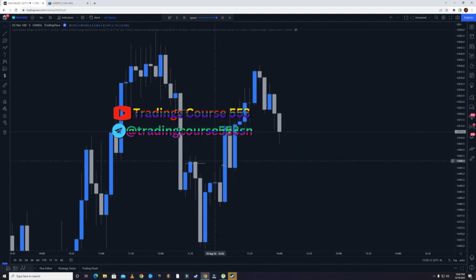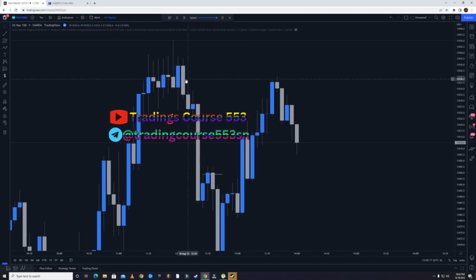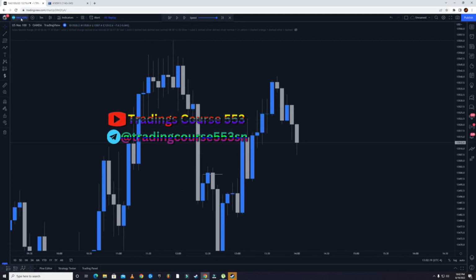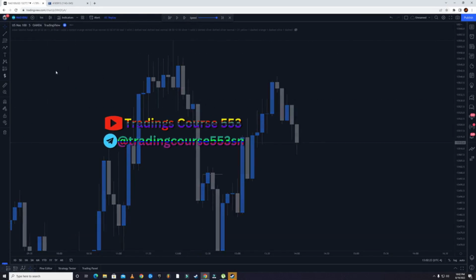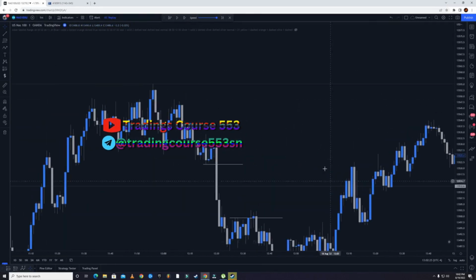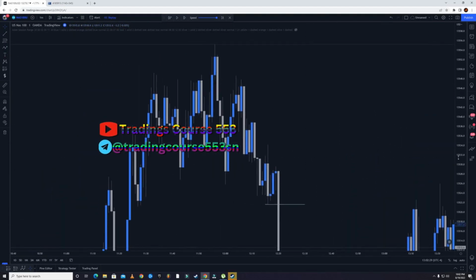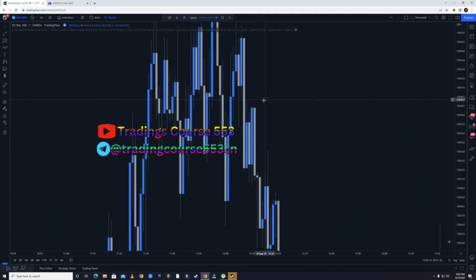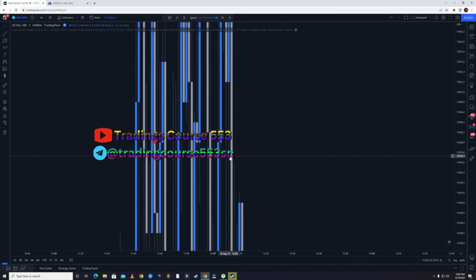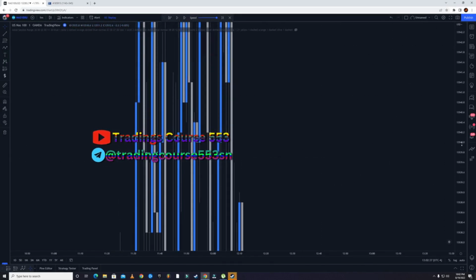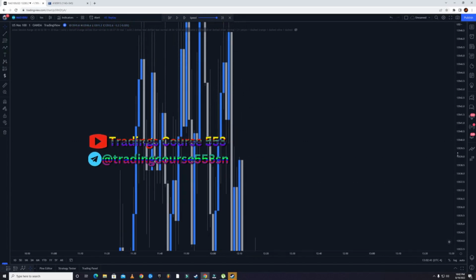So we are looking at this imbalance on a 5-minute time frame, but I'm pretty sure there's going to be imbalance on a shorter time frame. So let's go to the 1-minute time frame, and as you can see, if we zoom in, there's a gap from here to here. So 1, 2, 3 candles, very nice.